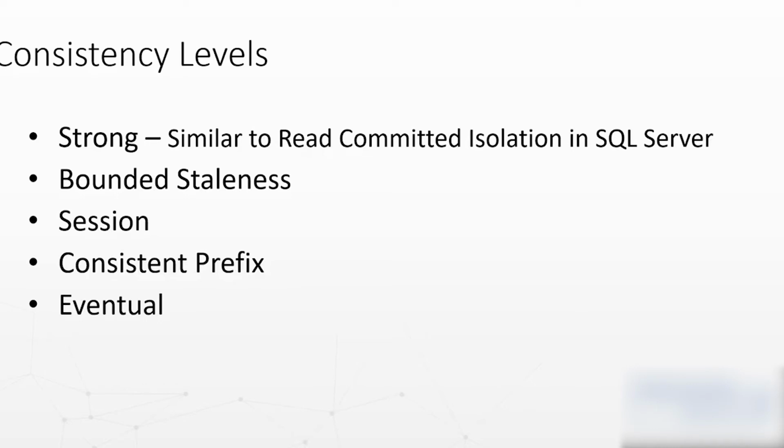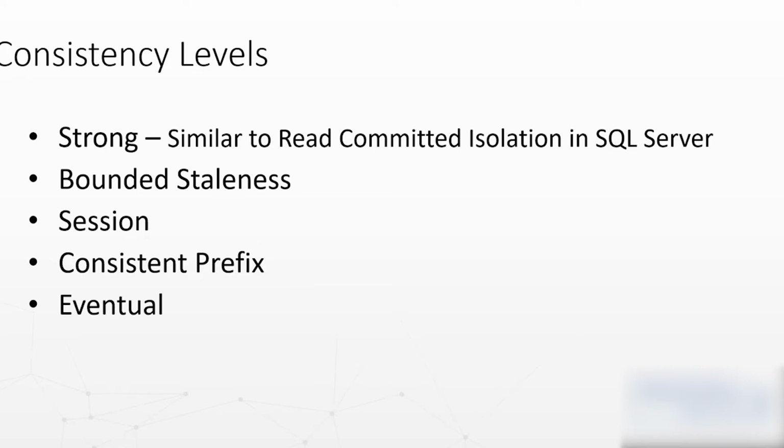Bounded staleness is an interesting one, and that essentially means that I'm okay with things being inconsistent for 10 seconds. So after 10 seconds, I will have strong consistency, but for 10 seconds, I'm okay with it not. I think anywhere up to 24 hours is allowable, which at that point, maybe you should just go with eventual consistency if you're okay with it being 24 hours out of date.